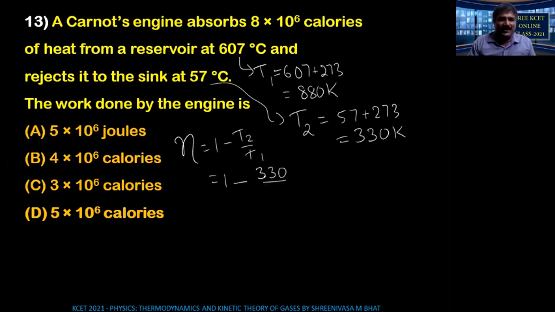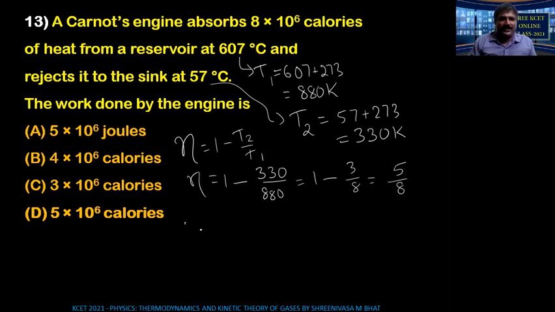You may forget the formula, but you can write it properly. So this is 1 minus 3 by 8, equal to 5 by 8. So efficiency eta is 5 by 8.